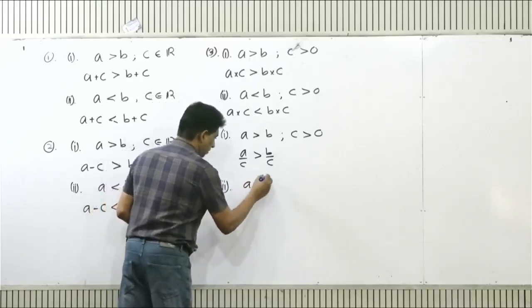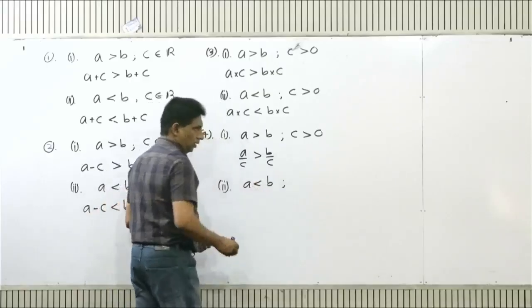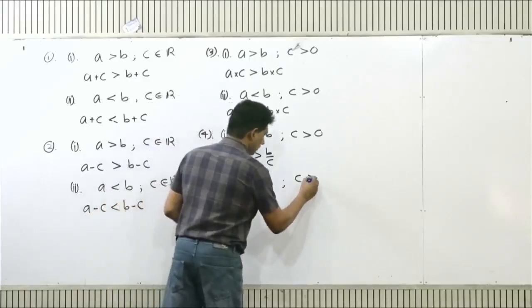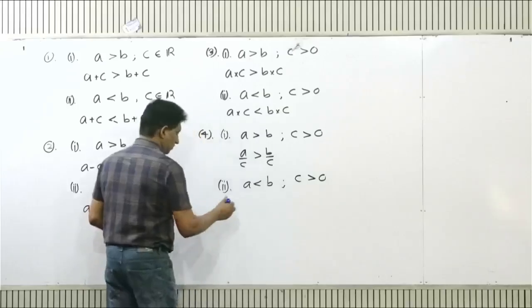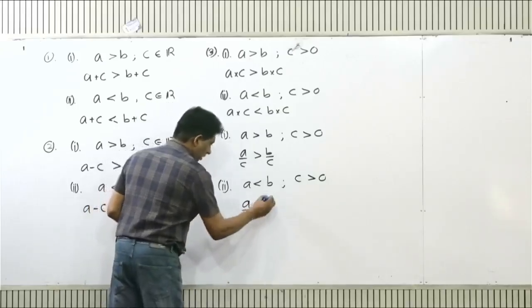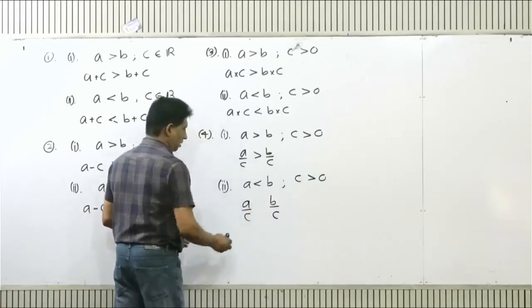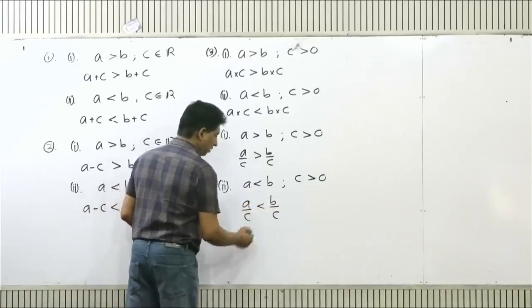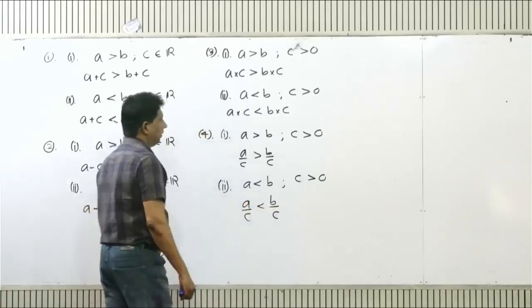Second one, A is less than B, C is positive. Then we can divide both sides by C, but the inequality mark does not change. Right?